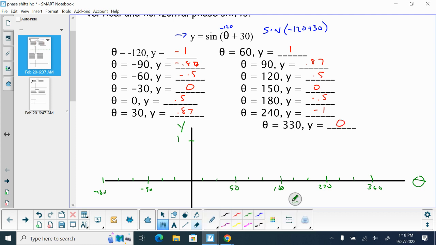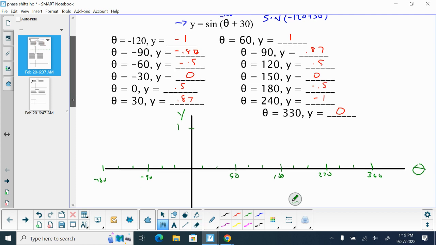And the values you get as you read down the column should be negative 1, negative 0.87, negative 0.5, 0, 0.5, 0.87, 0, 0.87, 0.5, 0, negative 0.5, and 1.